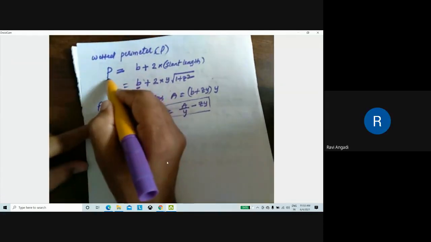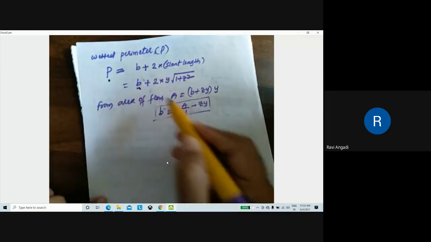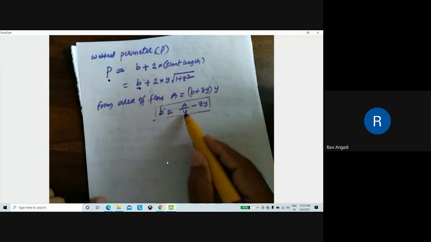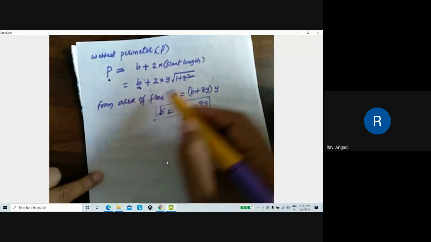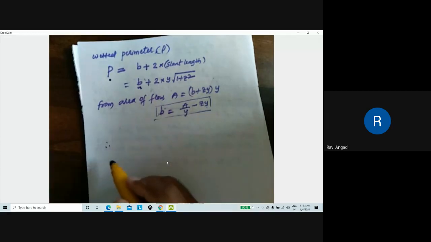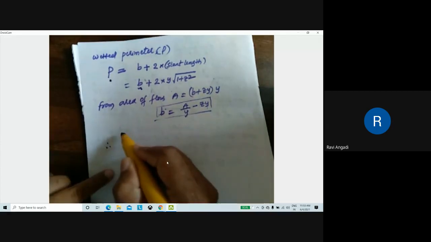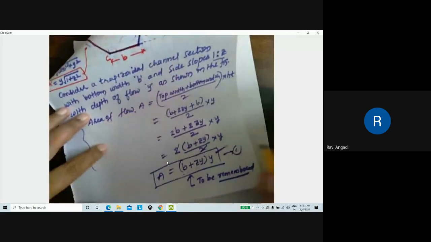To get a minimum, I have to substitute the value of b here in terms of area and depth of flow, because the depth of flow is a variable parameter. Hence, I have to express it in depth of flow only. So substitute in the above equation. You can take this as the second equation, and this as the first equation.